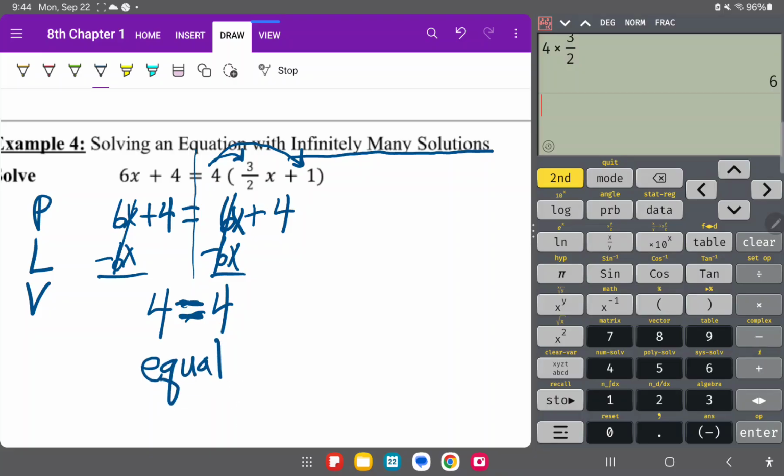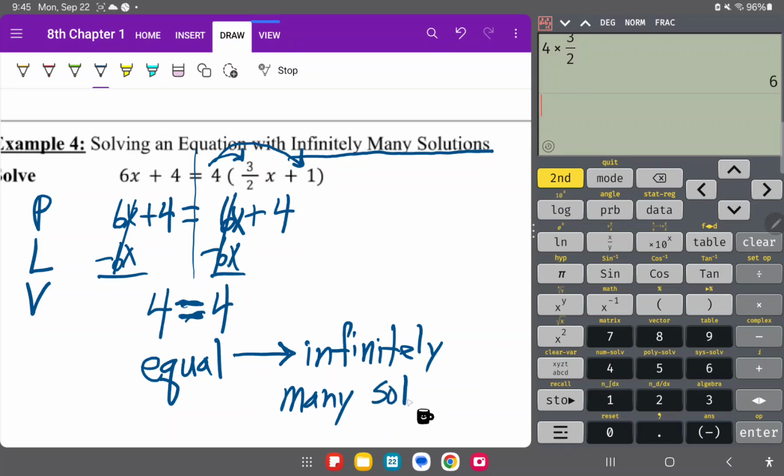So if you have a result that is equal, that actually means there's not just one solution. There are infinitely many solutions.